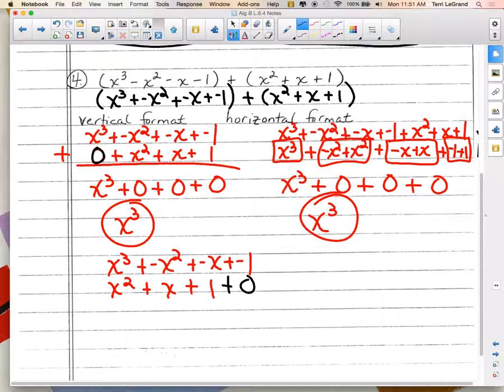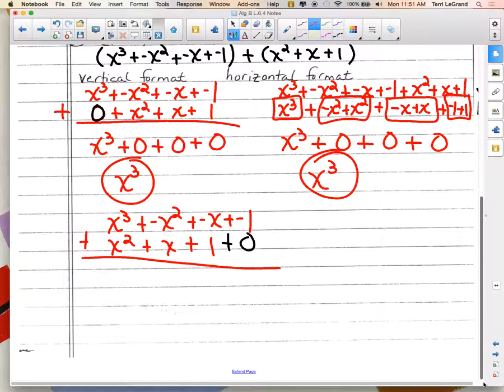Now, when we're adding vertically, putting the placeholder underneath the -1, is that useful? Because here's the deal. What do we want to happen in our columns? We want these columns to have like terms. These guys have like terms because 0 is a like term with anything.